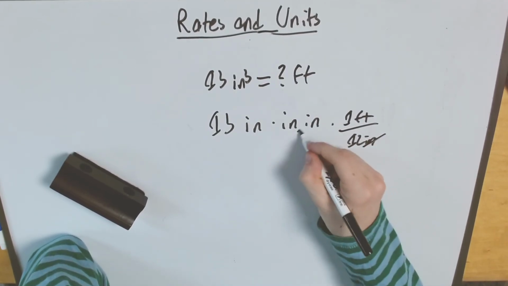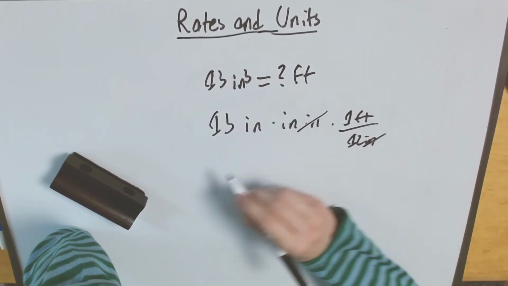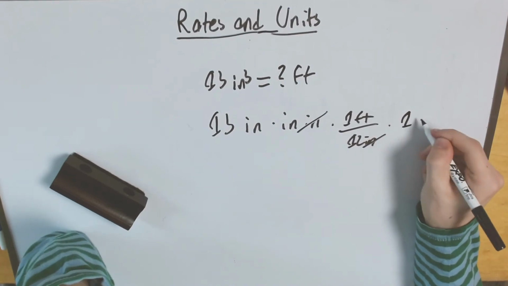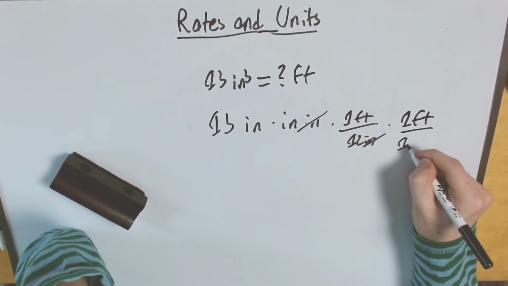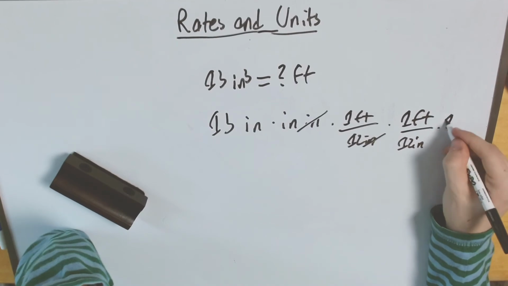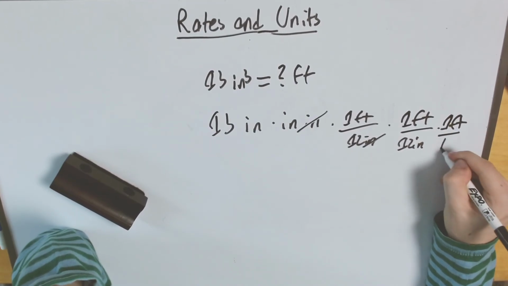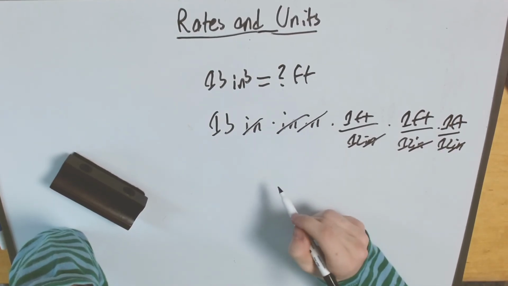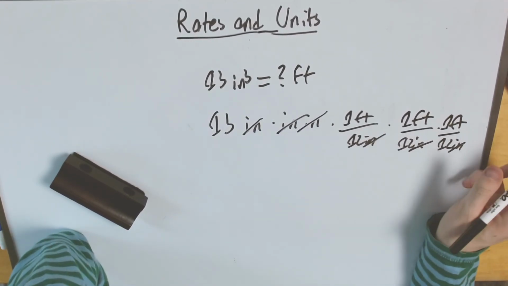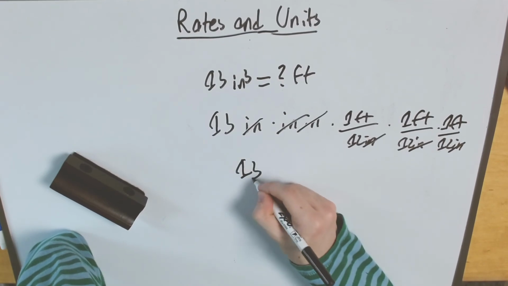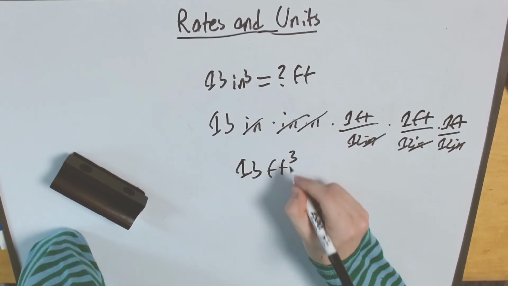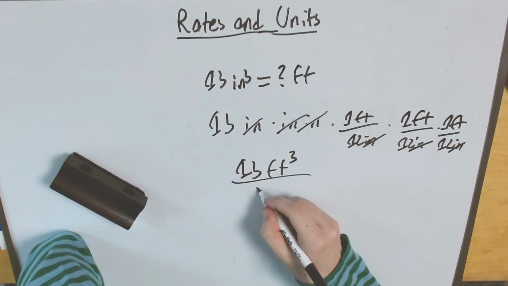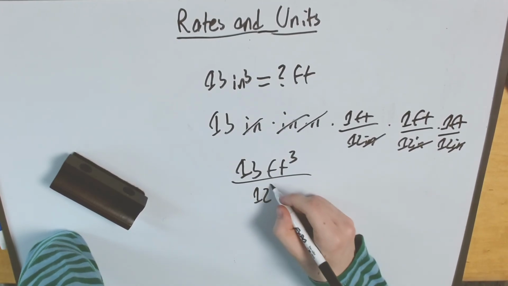If I did that, okay, I got rid of 1 inch, but I still have 2 more. I need to do that 2 more times to fully cancel out all the inches. And by doing so, if I were to multiply all these together, you're left with 13 cubic feet, which is what I want, over what turns out to be 12 cubed.